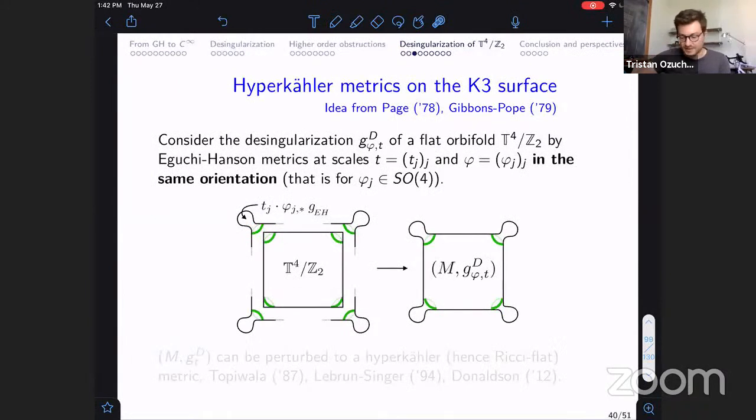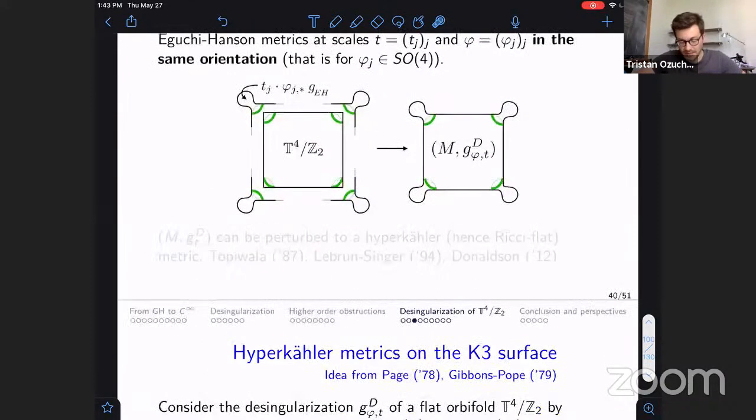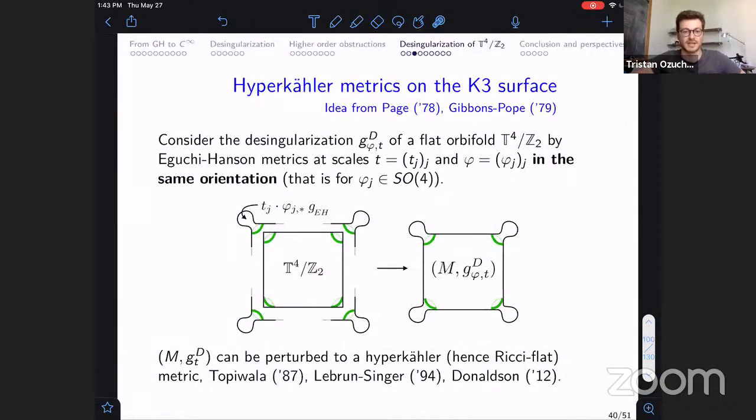So just as it was mentioned this morning, there is a result that you can glue metrics in the same orientation at all of the singularities of your T4 mod Z2 orbifold, and you obtain this naive gluing. And by techniques of Kähler-Einstein geometry or hyperkähler geometry here, it's possible to perturb it to a hyperkähler metric.